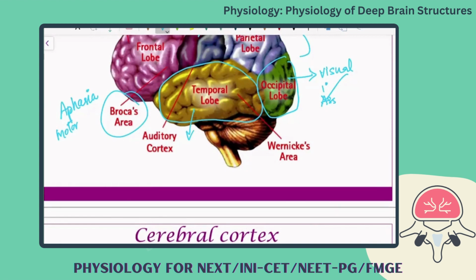In the temporal lobe you have the auditory cortex, and also the area called Wernicke's area. A defect will also result in aphasia, that is sensory. Okay. And there is a structure which connects Wernicke's area with Broca's area. What do you call that structure?